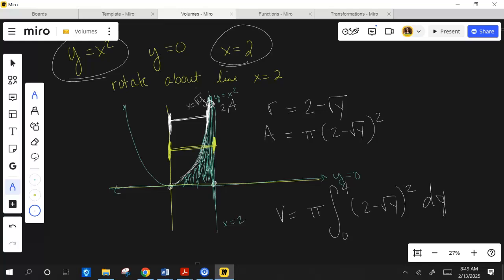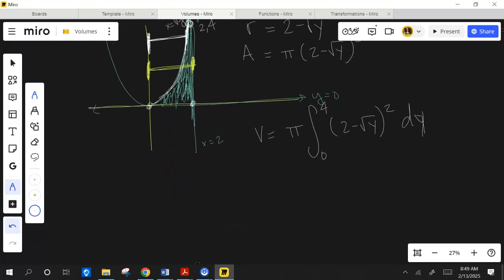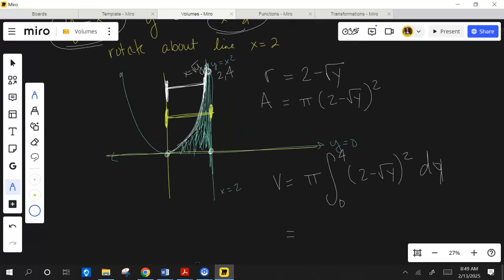It's definitely not 0. I'm going from here up to here. That point is (2, 4), so I use the y part.